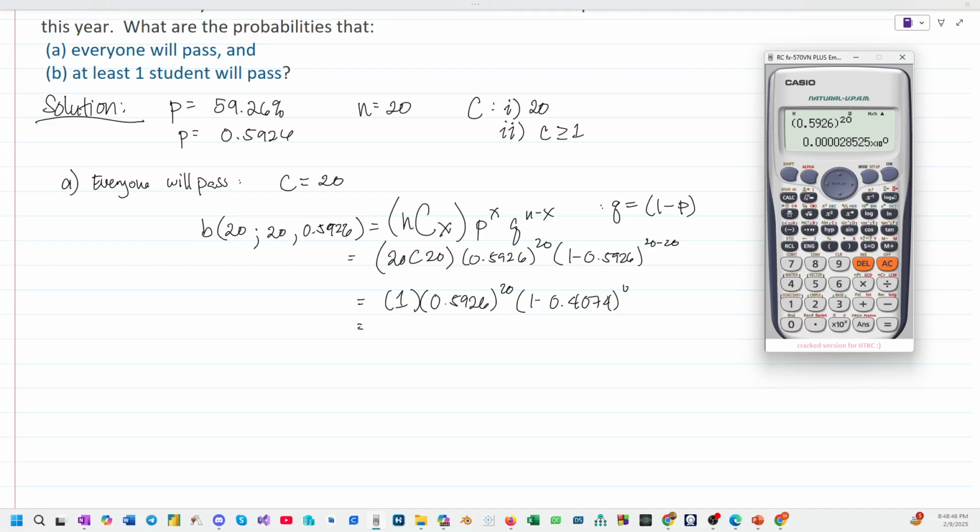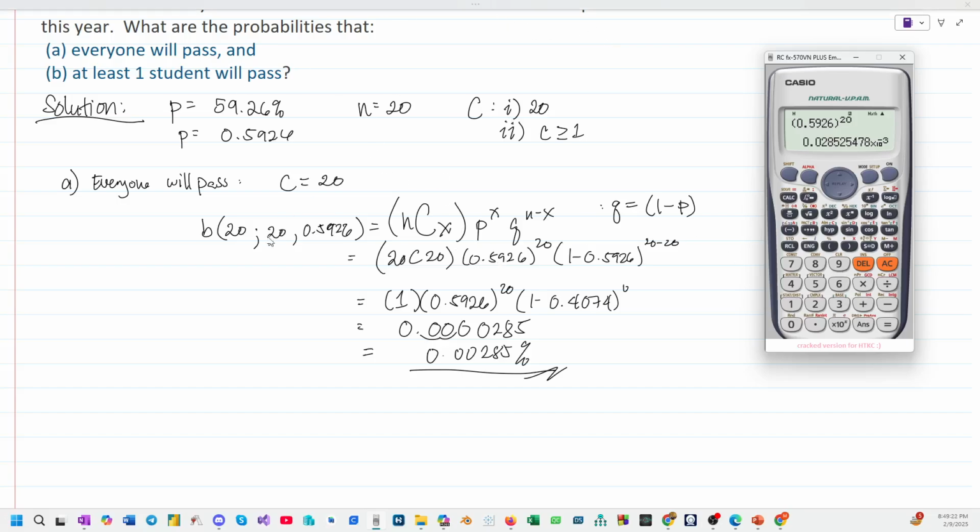Laki. 0.0028 5%. Ay, 5 pala. So, 0.0028 5%. Yung probability na lahat sila papasa.